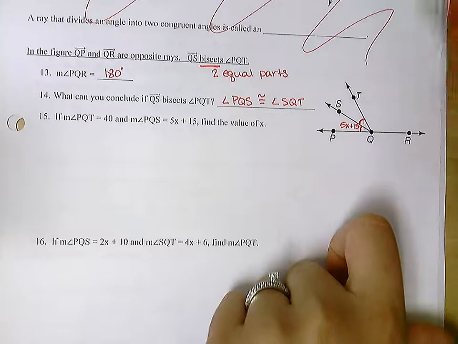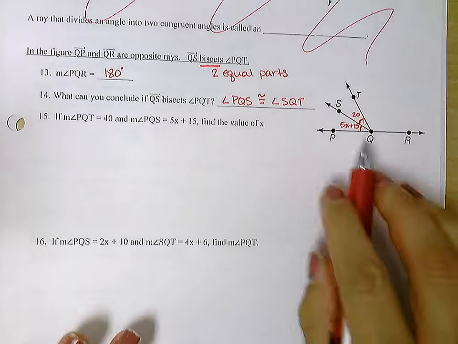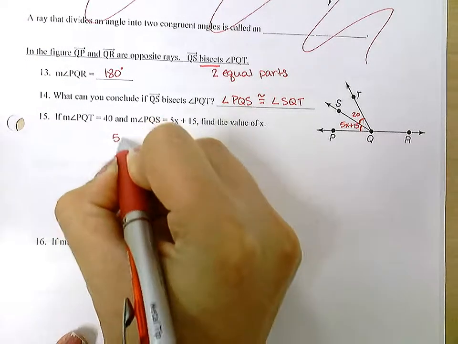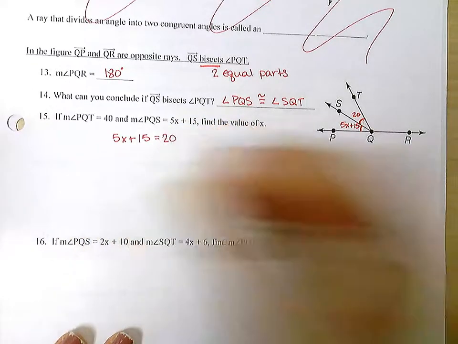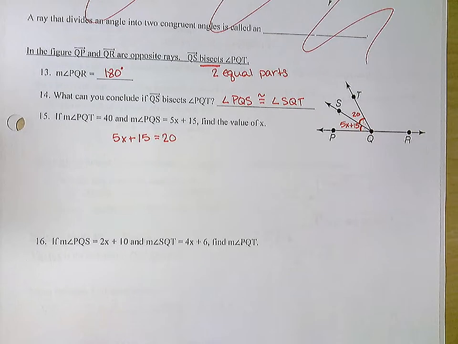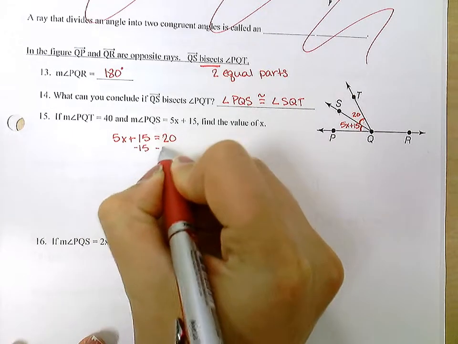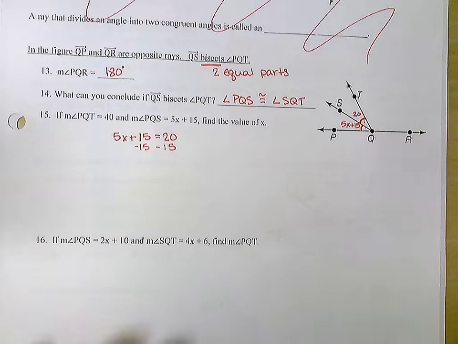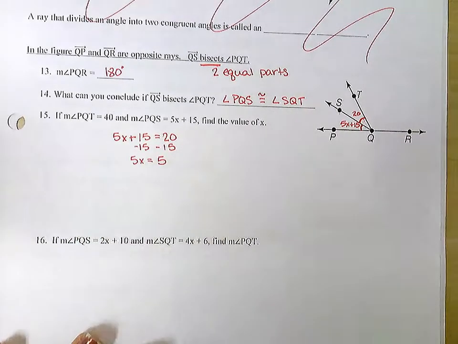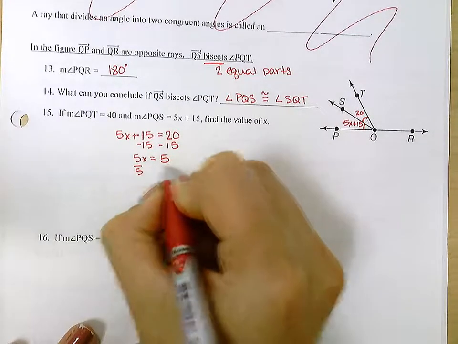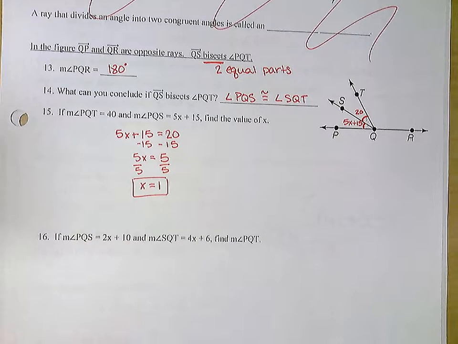It's 20, yes. So since both of those angles are 20 degrees, to solve for x, I would set 5x plus 15 equal to 20. And from here I can just solve for x by subtracting 15 from both sides and dividing by 5. To get x is 1.